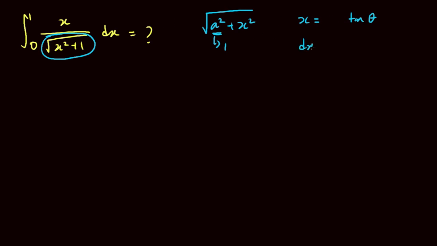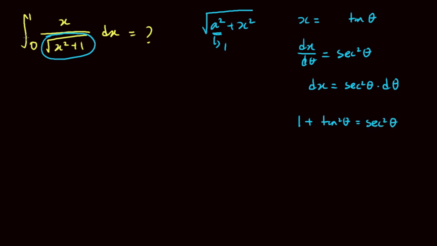So dx over d theta is just sec squared theta. So dx is simply sec squared theta d theta. And remember that 1 plus tan squared theta is equivalent to sec squared theta. One more thing: when you're doing definite integration, don't forget to change our limits.